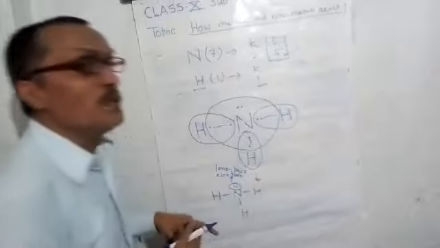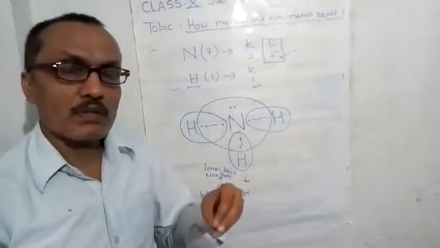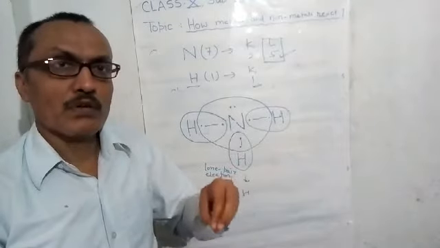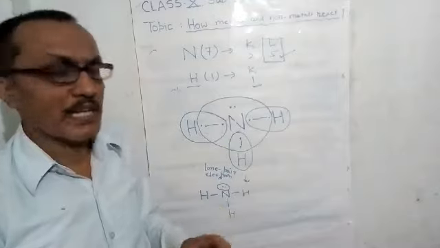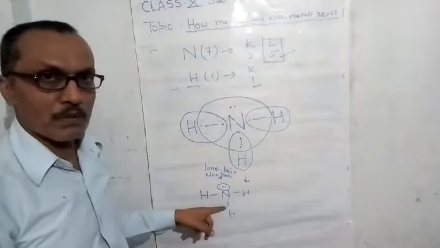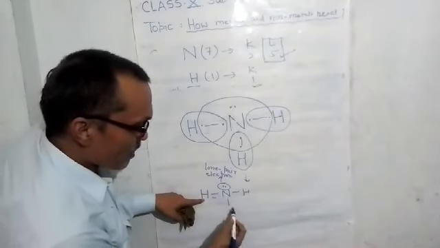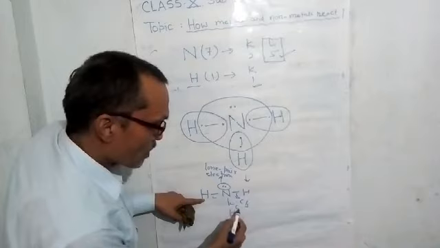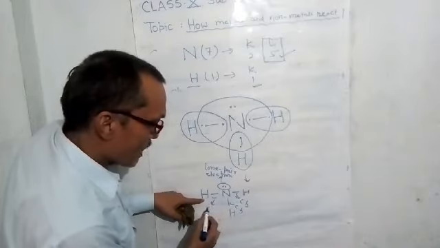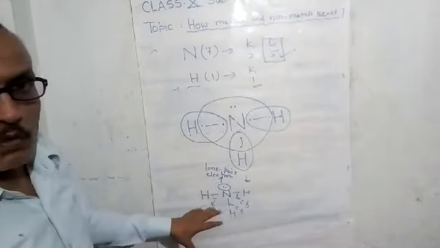So what is lone pair of electron? The electrons which do not get involved in mutual sharing are known as lone pair electrons. And in this way, these all are covalent bonds. So in ammonia, these are the covalent bonds.